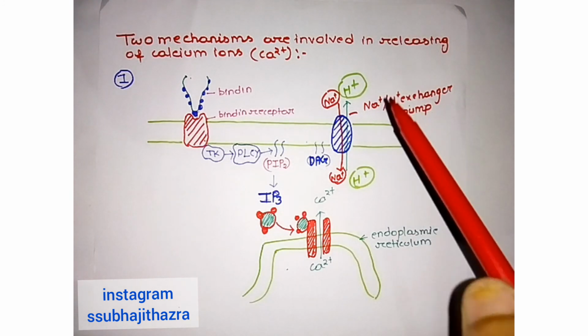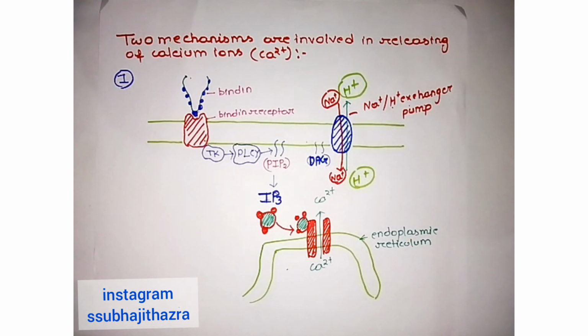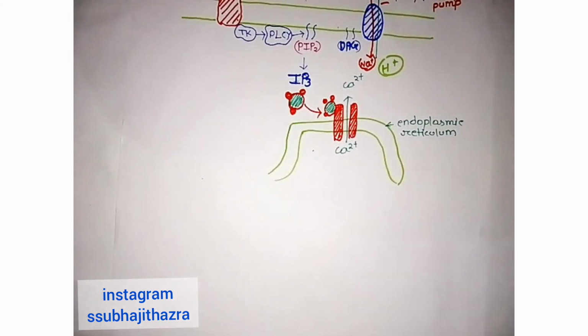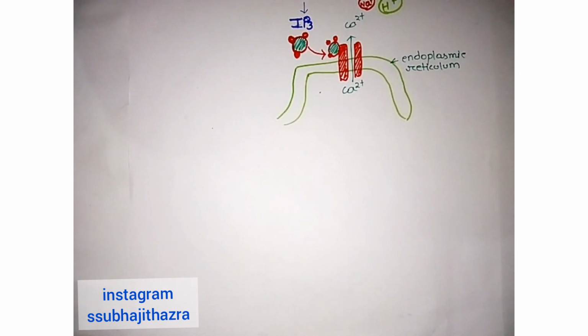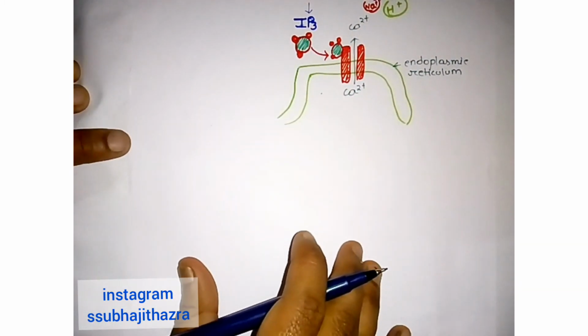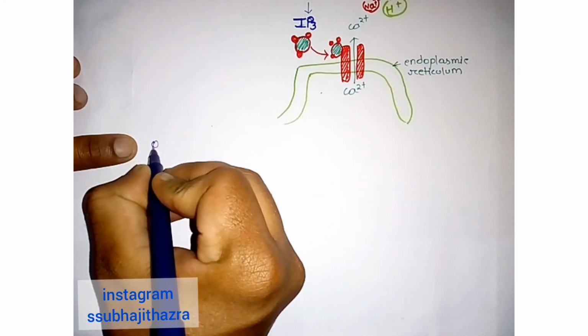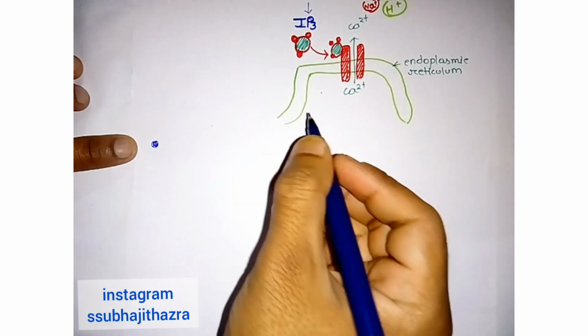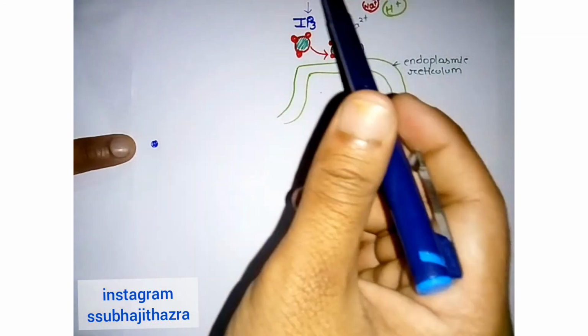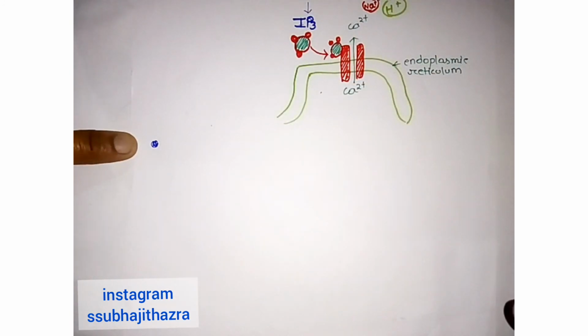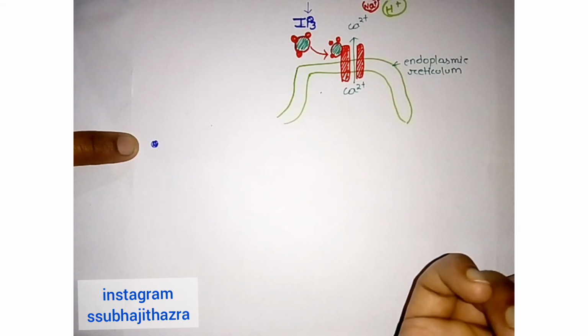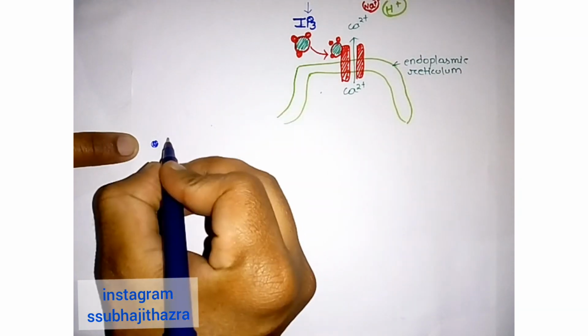When H plus moves out from inside the egg, alkalinization leads to activation of cell division, DNA synthesis, and RNA translation. So what is alkalinization, and what effect does it show when the pH of the egg cytoplasm increases?